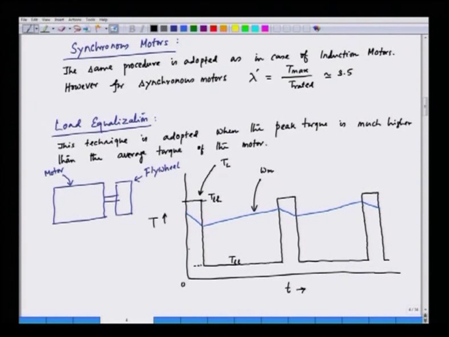So, this is TH, the time for application of the high load torque, and this duration is TL, the time for the application of the low load. So, we have a high load torque and we have a low load torque.